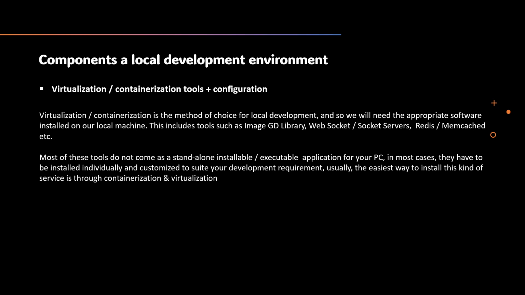So you could just keep all of these versions. Say you could have Redis in version 2.0 and WebSocket in version 1.0 or whatever, or your GD library in version 0.1, and then you could put them in one container as it suits that particular website or web application need.